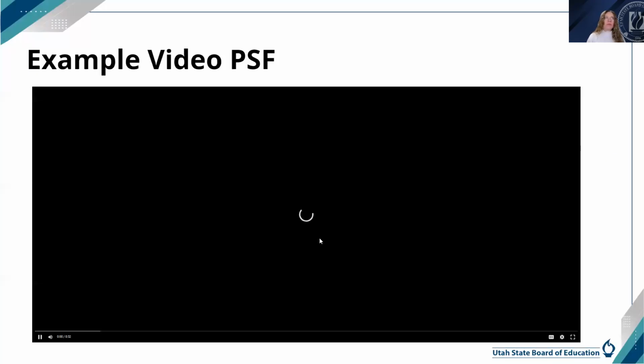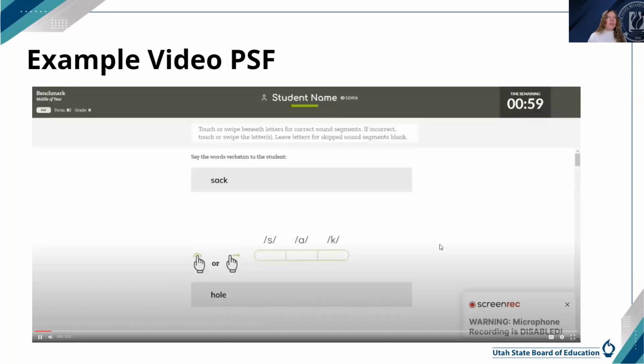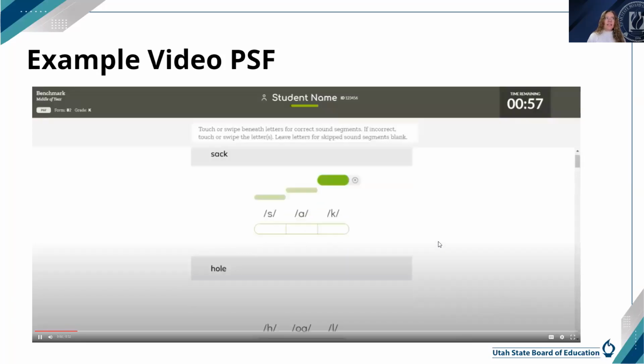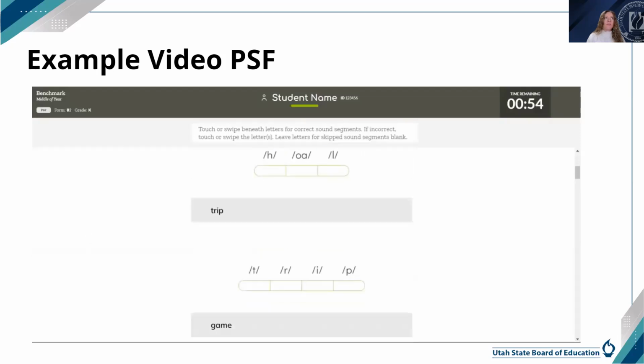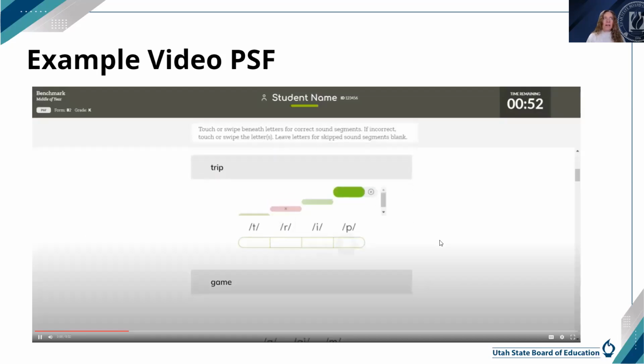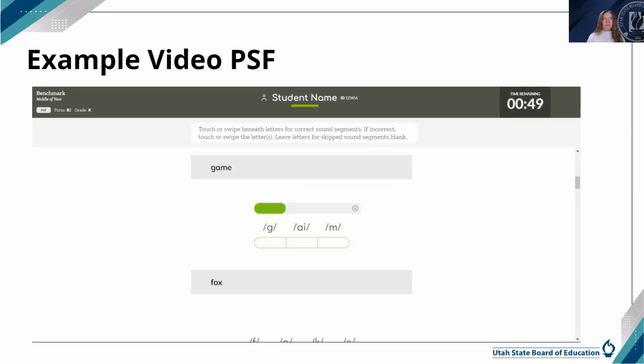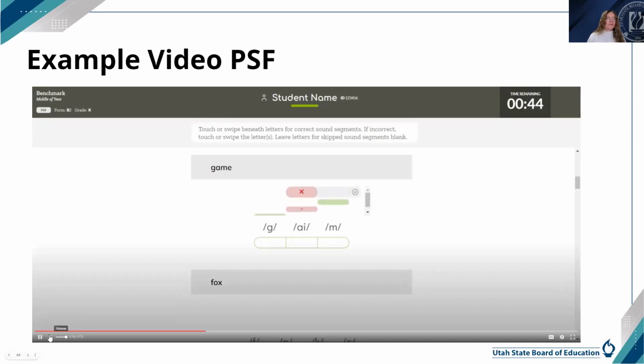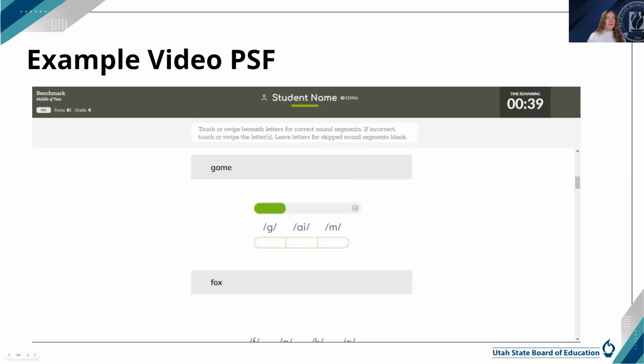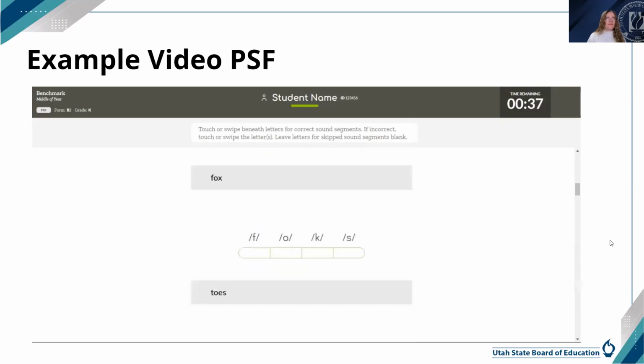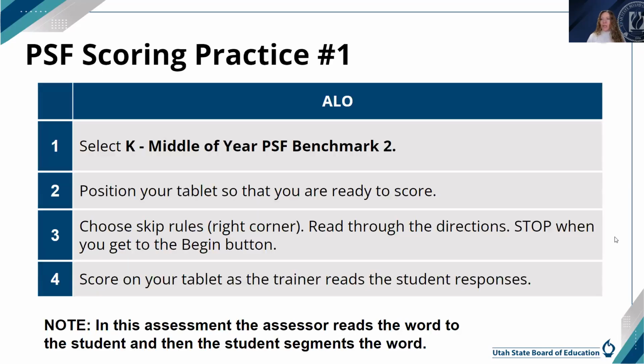Here's just an example video of what it looks like with the scoring. Again, you're going to activate that next word just like you did with first sound fluency by touching in that gray bar with the next word. As we're going throughout, the assessor is going to read the word in the audio, then the student is segmenting the word.